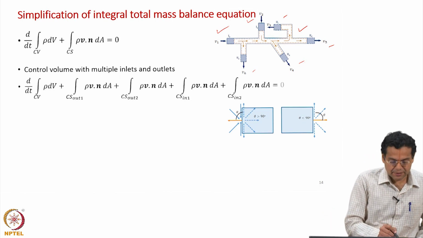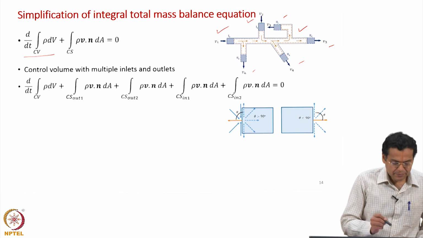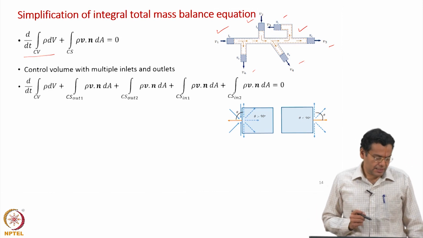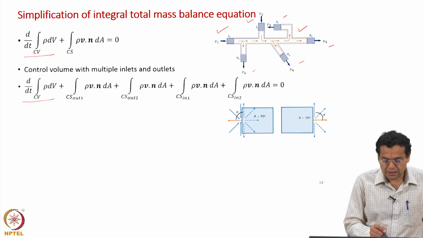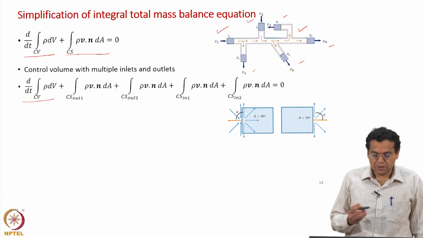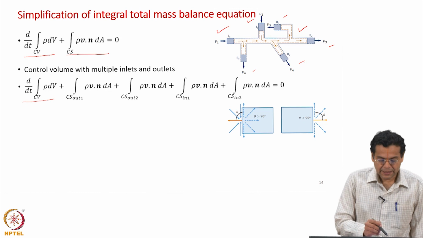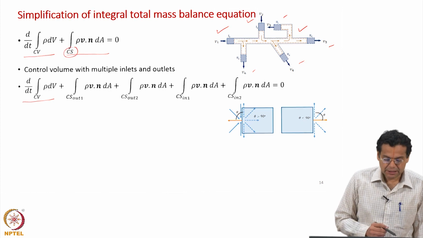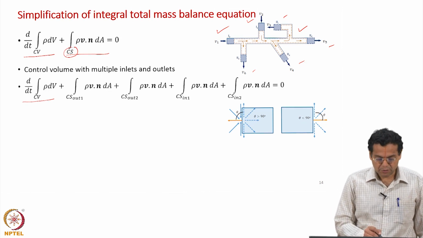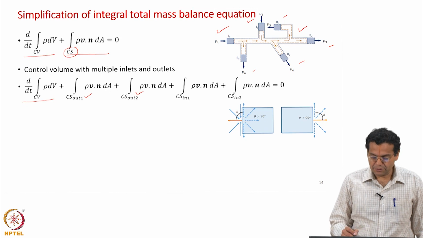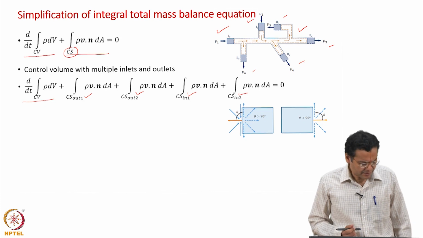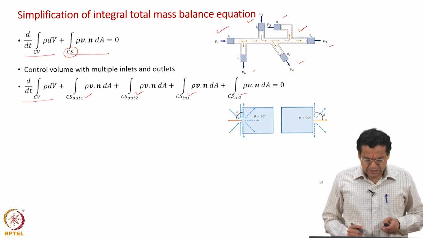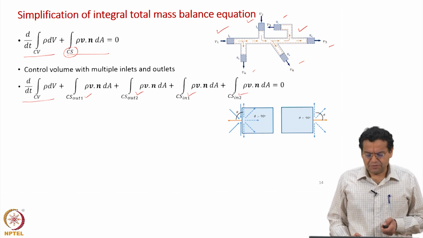The first term, which represents the rate of change of mass within the control volume, is retained as such. This term, which represents the net rate of flow of mass out of the control surface, has been split into 2 outlets and 2 inlets. Wherever there is no flow, it is not going to contribute. Now, let us simplify this further.